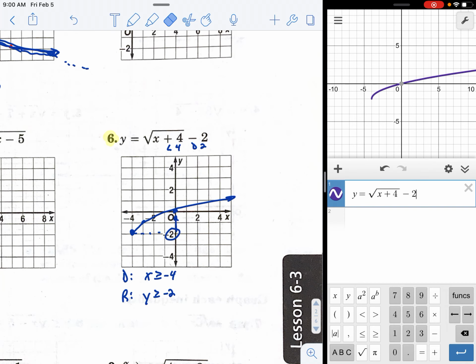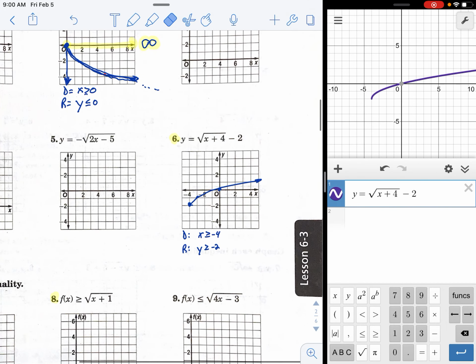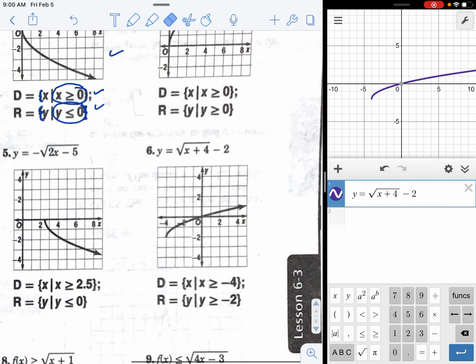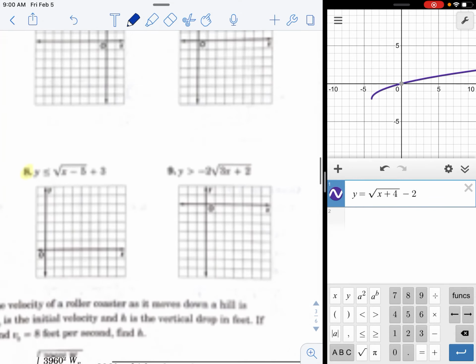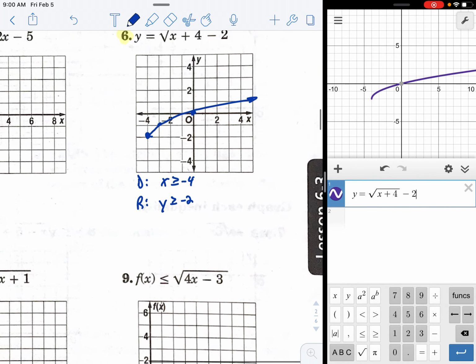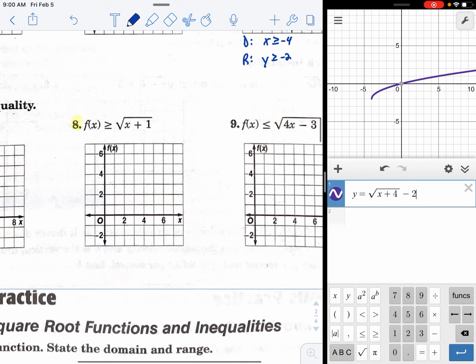Let me get rid of some of those extra little marks that I drew and check number 6. And everything looks reasonably good. I say reasonably good because you're never going to draw a perfect graph unless you're copying and pasting. But yeah, good. Number 8.